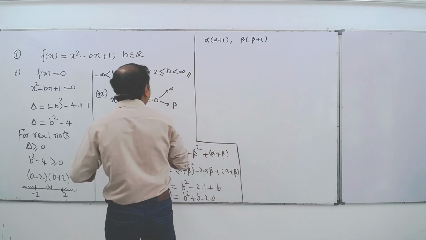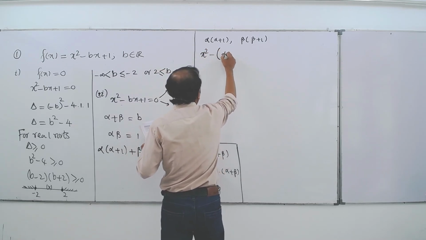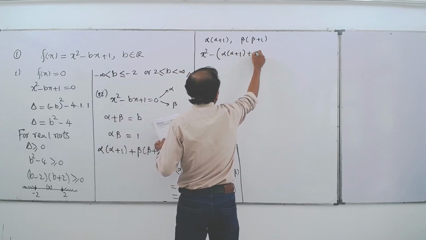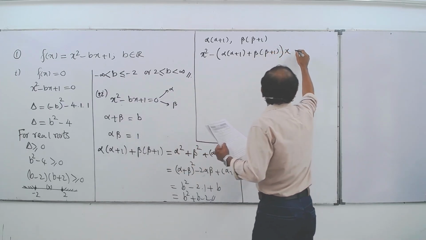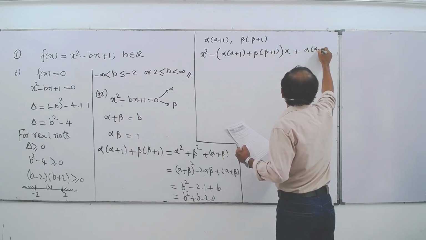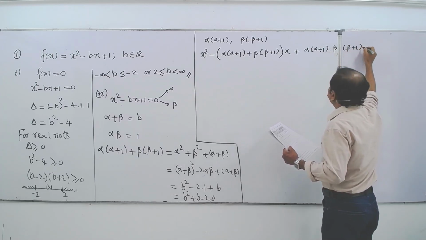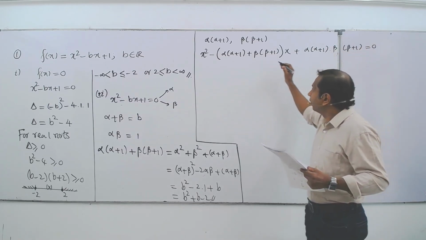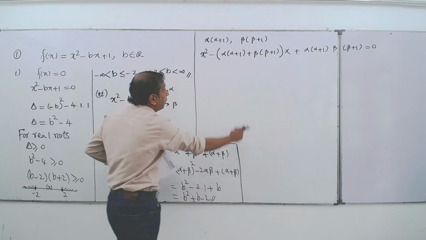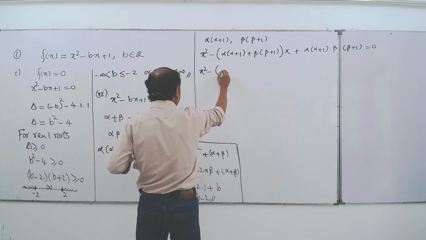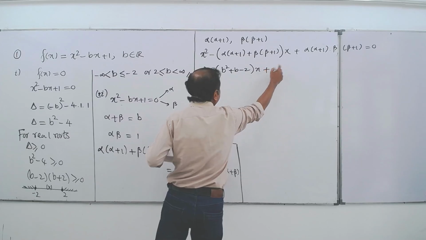Okay, when the two roots are given, we can write the equation: x squared minus (the sum of the roots) x plus the product of the roots, alpha (alpha plus 1) beta (beta plus 1), equals 0. The sum, alpha (alpha plus 1) plus beta (beta plus 1), we know here. Put that here: x squared minus (b squared plus b minus 2) times x. Now we have to simplify that.